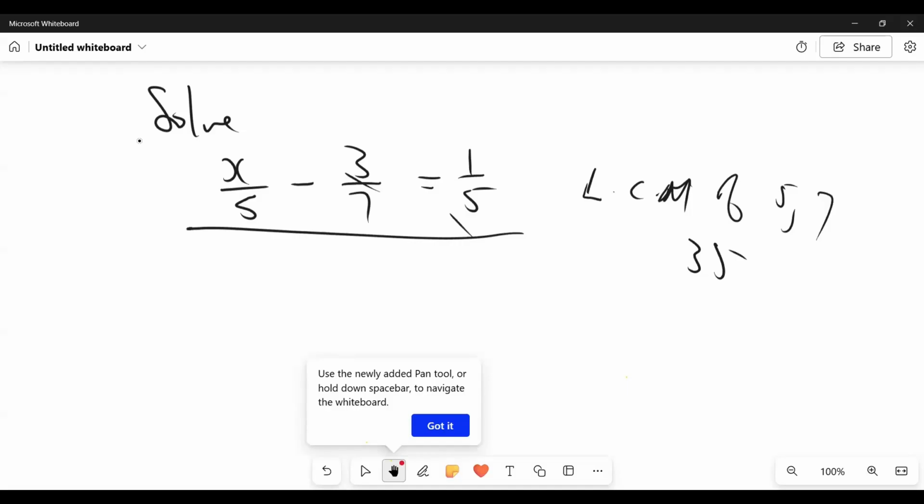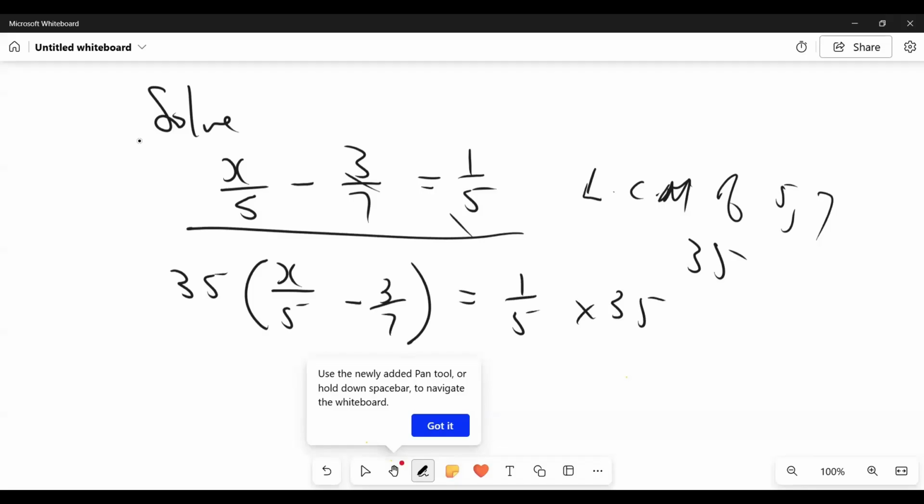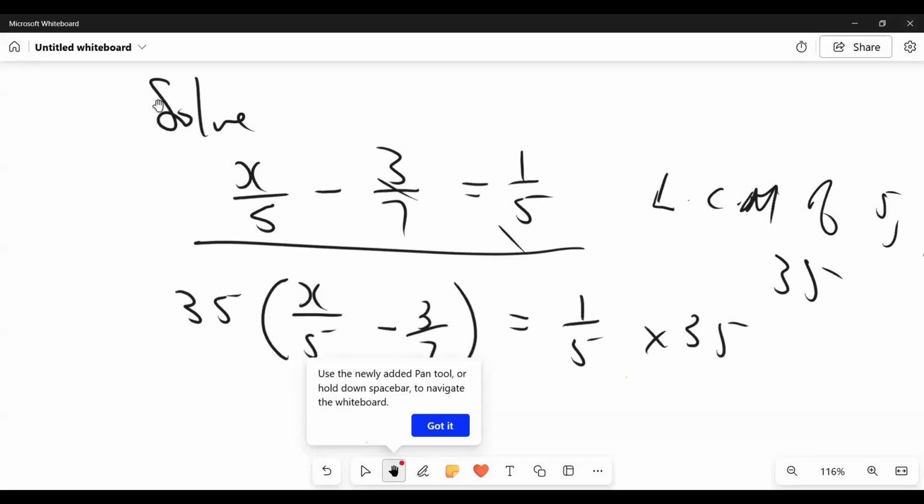And again, there are several approaches to it. Some people multiply everything, multiply both sides by 35, right? So you can take 35 and multiply everything here. Equal to 1 over 5 times 35, you can do that.